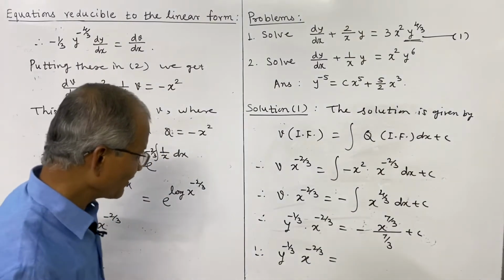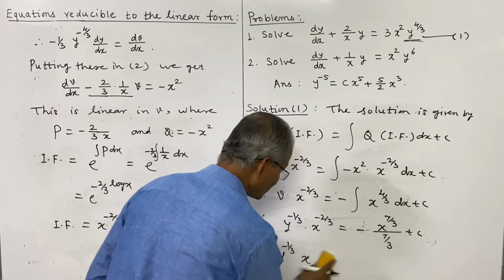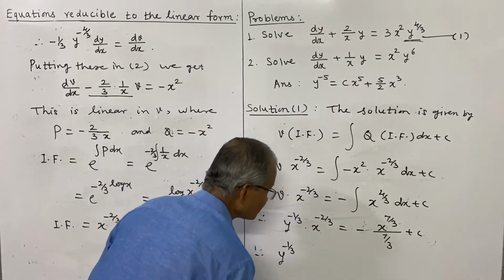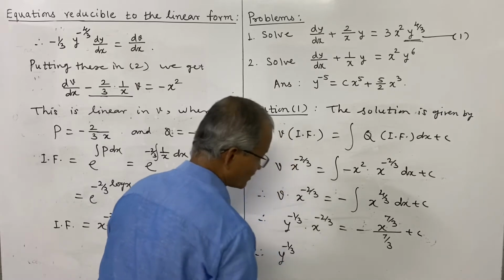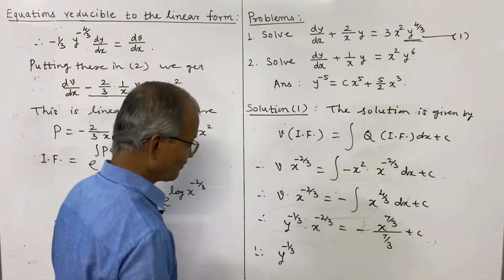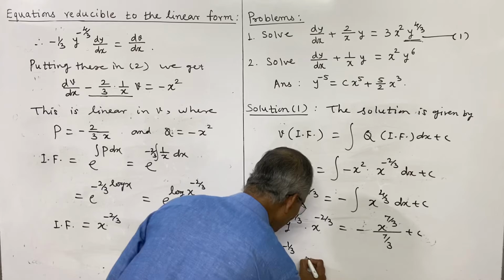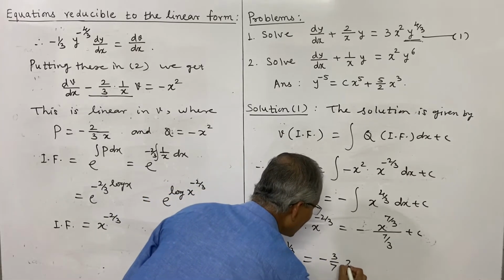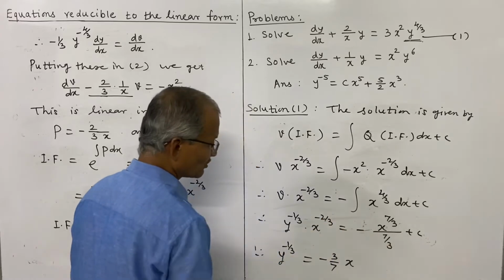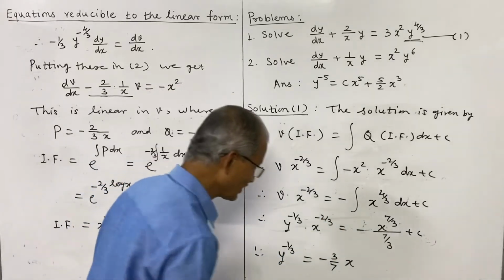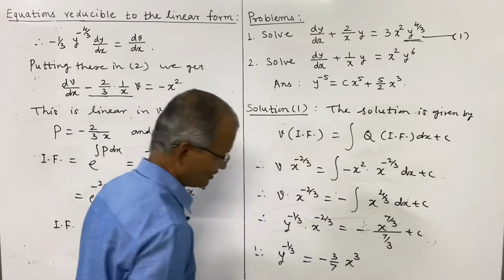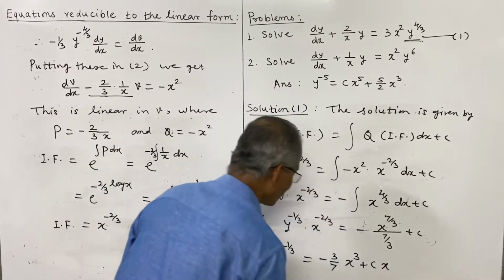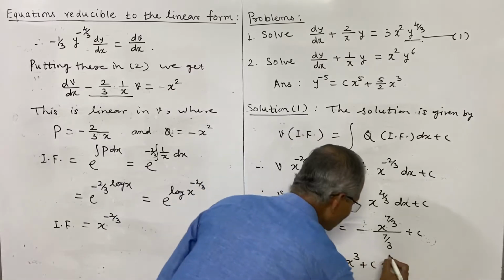If you multiply by x to the power 2/3, and this term is 3 by 7, so we shift this term to that side: minus 3 by 7 x to the power 7 by 3 plus 2 by 3 is 9 by 3. 9 by 3 means 3, and plus c into x to the power 2/3, since we have multiplied by this term.